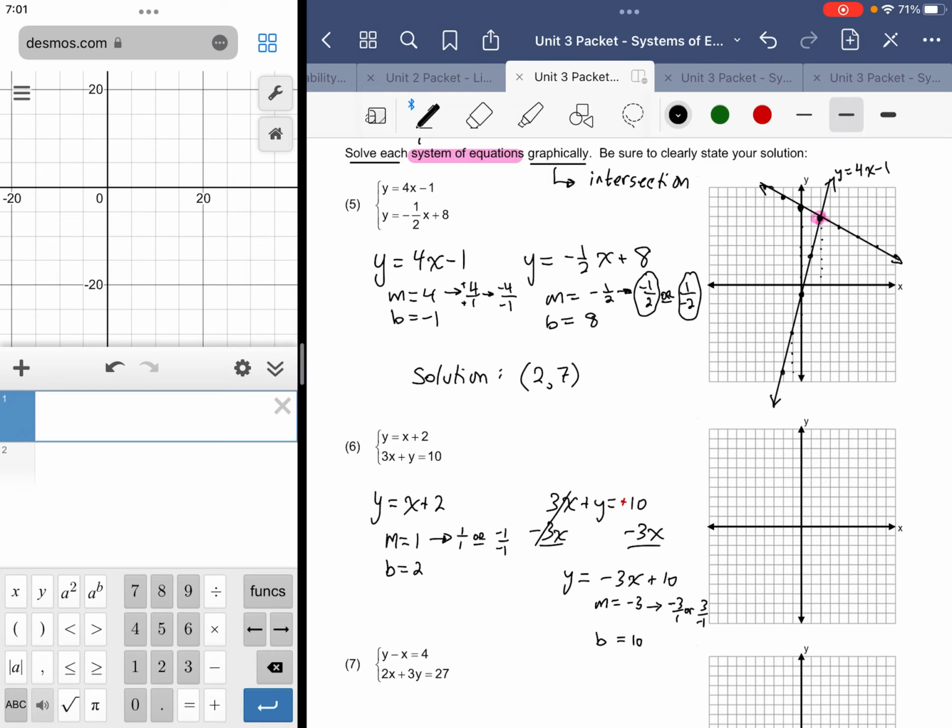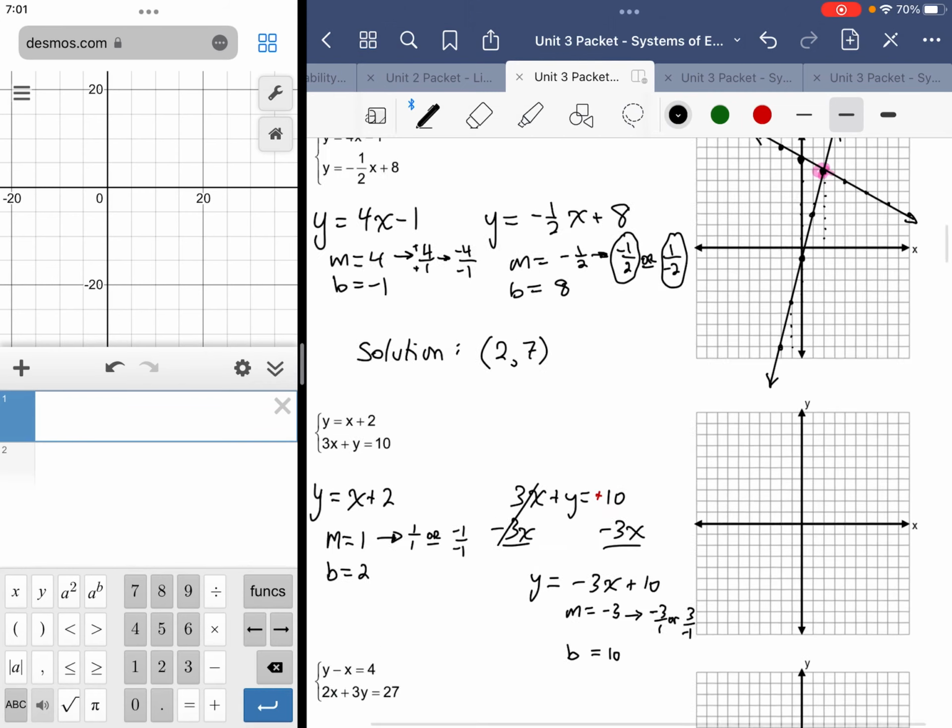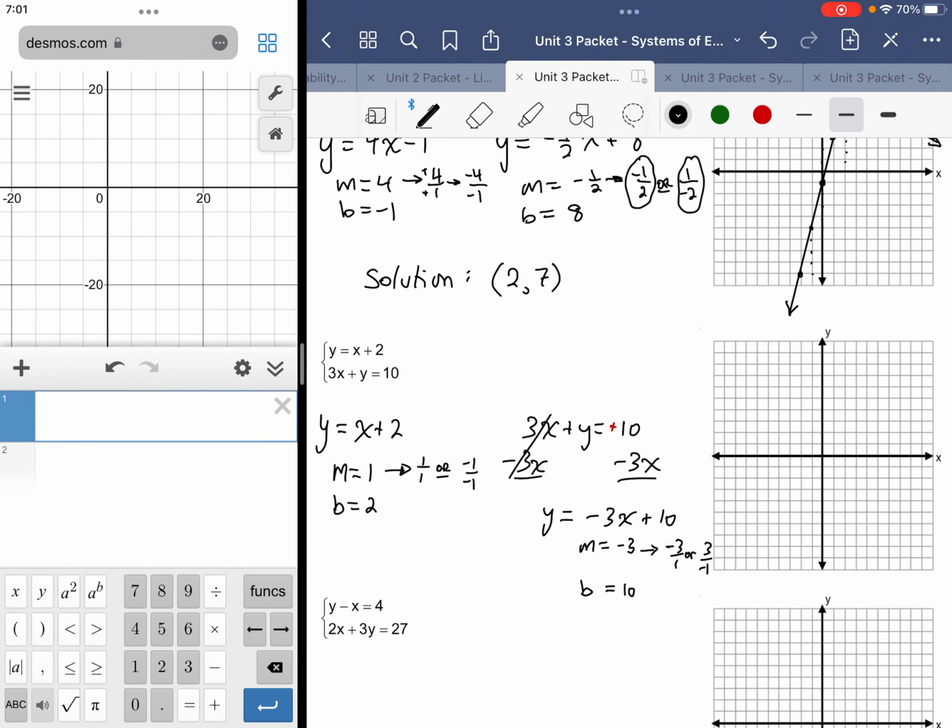All right, so for the first equation, a y-intercept of 2 with a slope of 1 over 1, I would get this line. Nice straight line through those points. Give it a label.